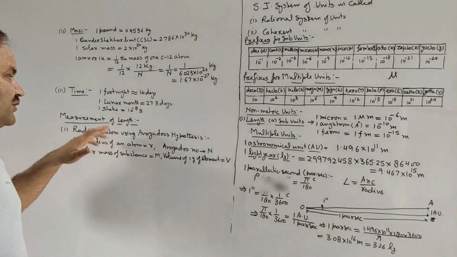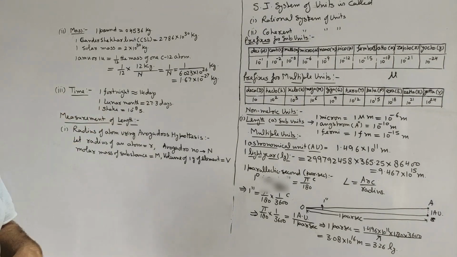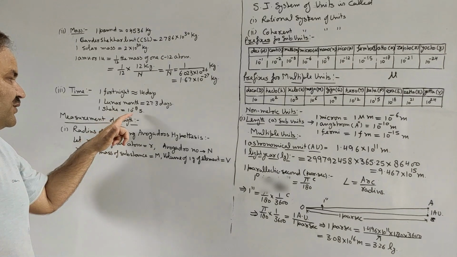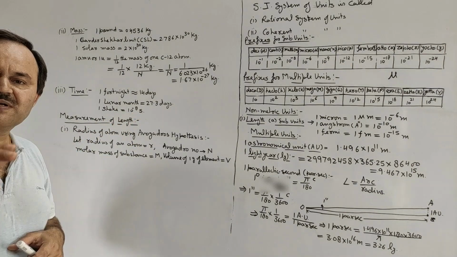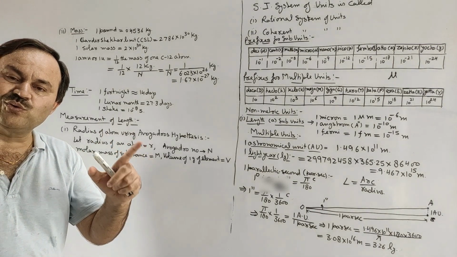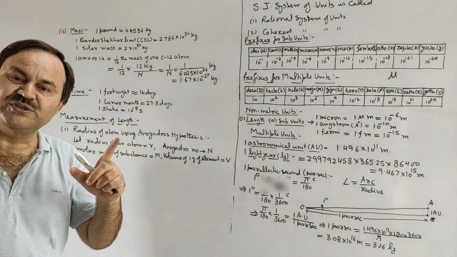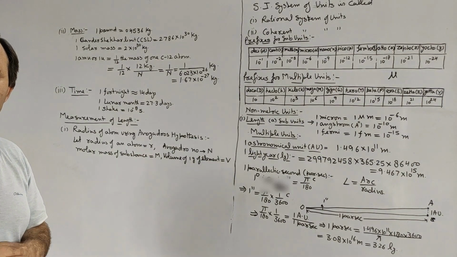Then we come to the non-metric units of time, and if we start from the subunits, then the smallest unit is 1 shake. 1 shake is 10 to the power minus 8 second. And when we come after week, a fortnight means the interval between 2 consecutive full moon days or between 2 consecutive no moon days, and that is approximately 14 days.